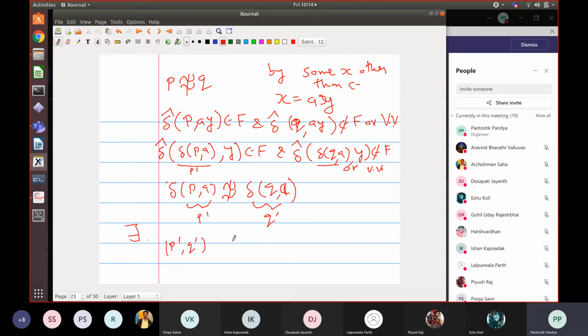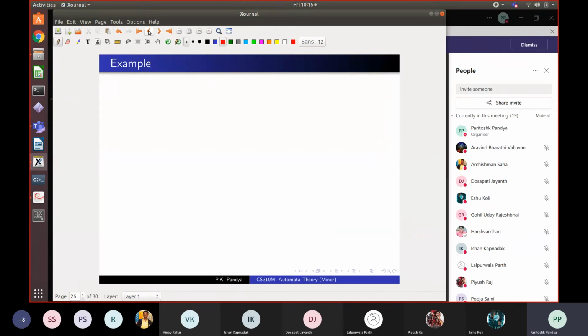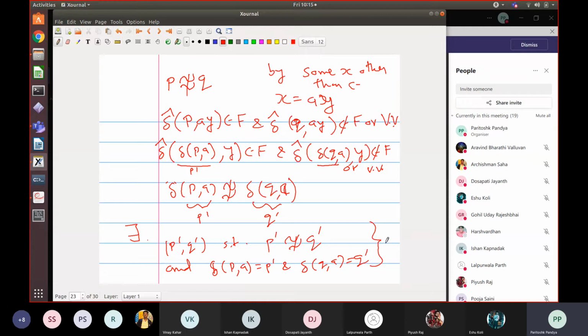If there exists a pair P prime, Q prime such that P prime is not equivalent to Q prime, and delta of some other state P on A is equal to P prime, and delta of Q on A is equal to Q prime, my claim is that if this is the case, then this implies that P is not equivalent to Q. Now this is a very important property.